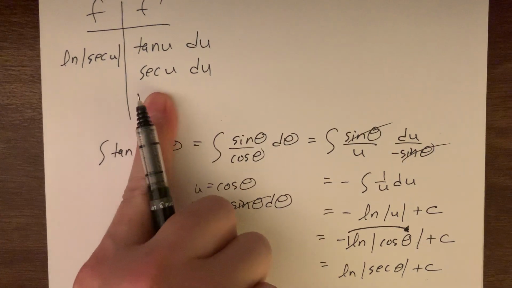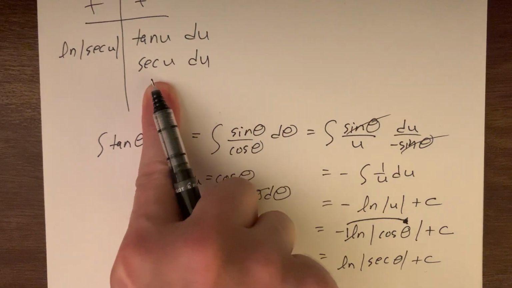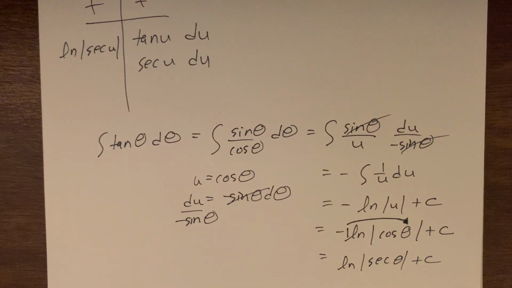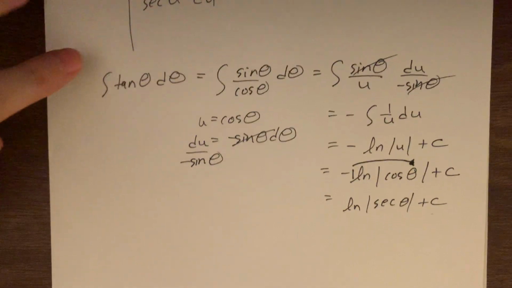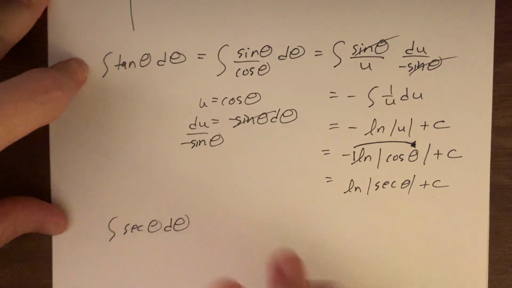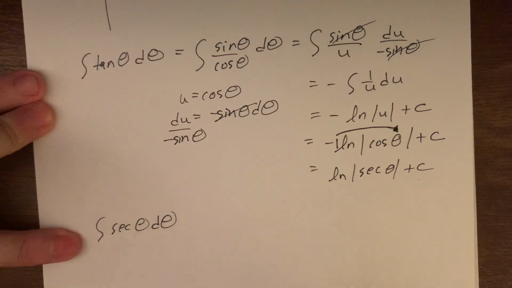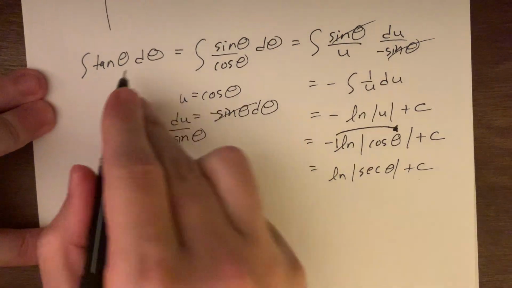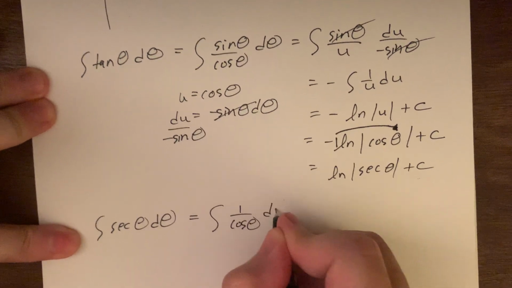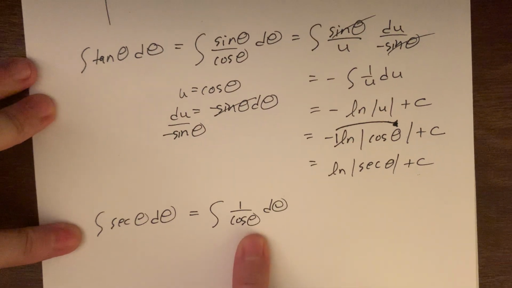Secant is not quite as friendly, but I'll do some work for secant, we'll get a rule, and then we'll realize the same idea would work with cosecant. So if I start with secant, it initially feels like we do the same thing. Well, for tangent, I wrote it as sine over cosine. So for secant, well, secant is 1 over cosine.